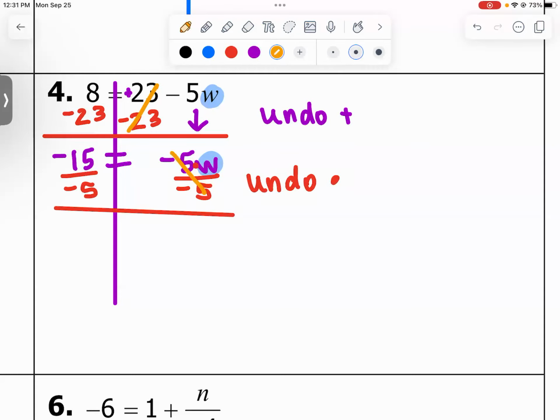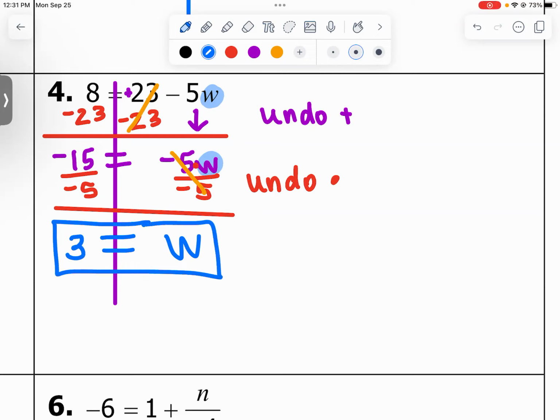So the -5 divided by -5 will cancel each other out. So we're left with a W. -15 divided by -5 gives us negative or positive, Matu? We have a negative divided by a negative. What's our answer going to be? Positive. Good.